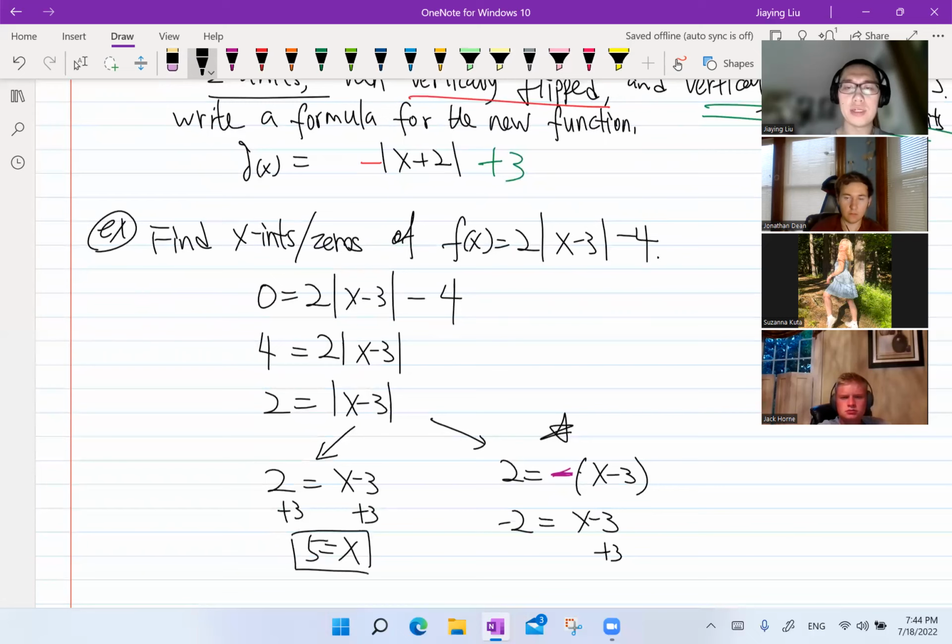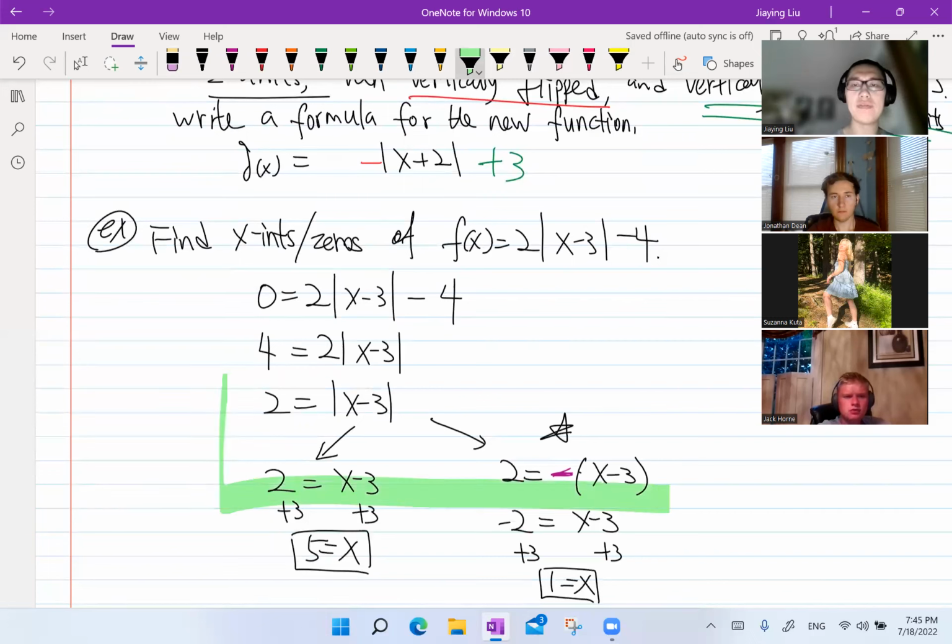Then we add 3 to both sides, so we get x equals 1. So here we have 2 x values that are the x-intercepts, or the zeros, of the function. But I just want to emphasize the important part: whenever you want to look for the x value in an absolute value equation, you have to write down 2 equations.